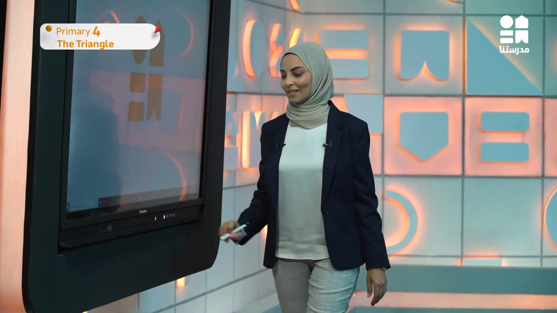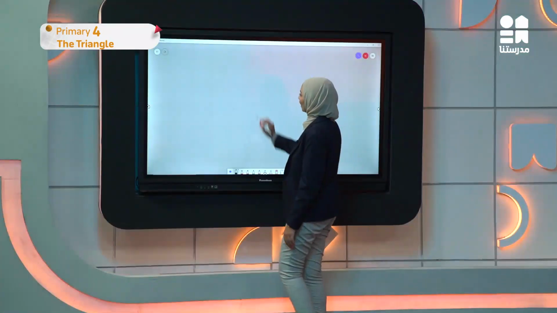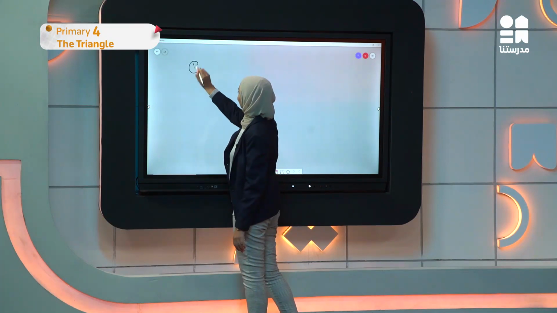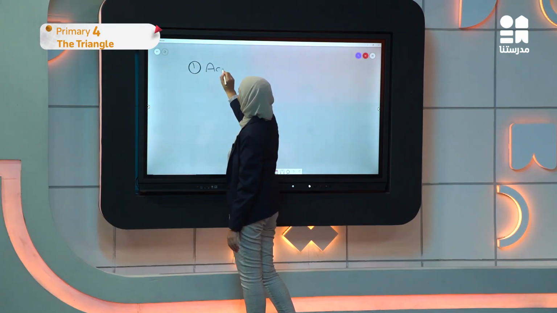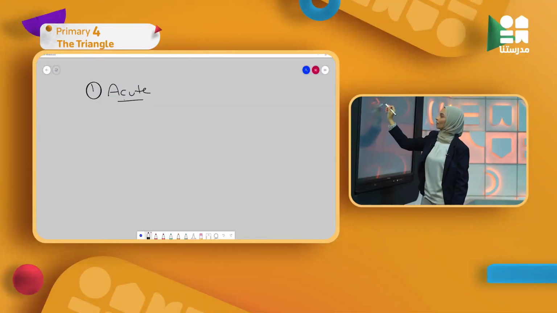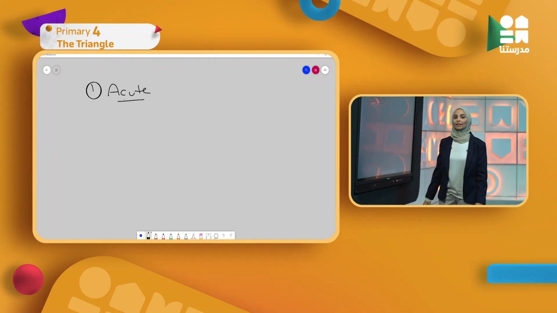Okay, now let's take some more examples. But before taking examples, let's revise on what we took today. Let's revise on the three types of angles. The first type is acute angles. Who can tell me what are the acute angles?